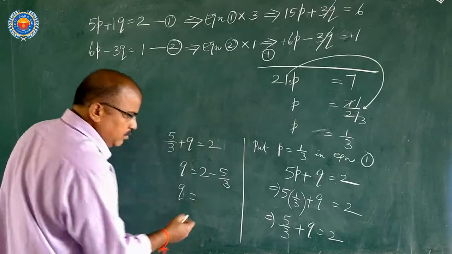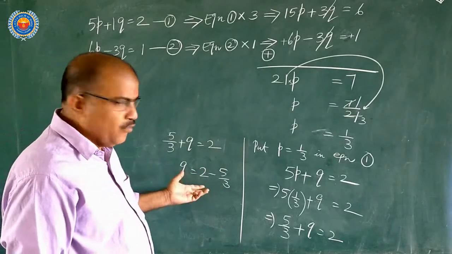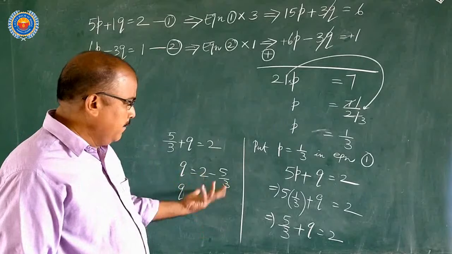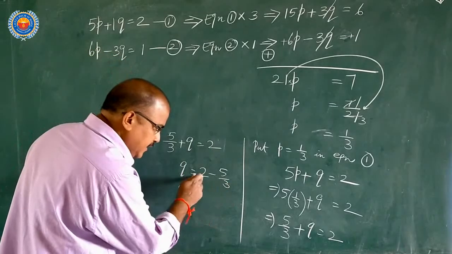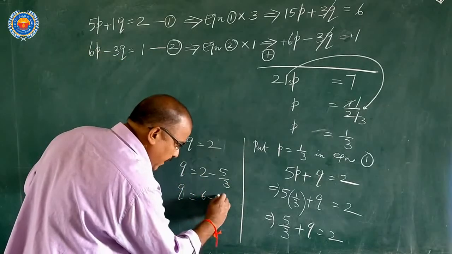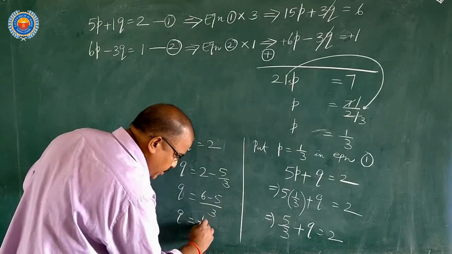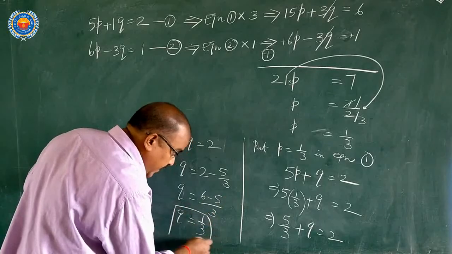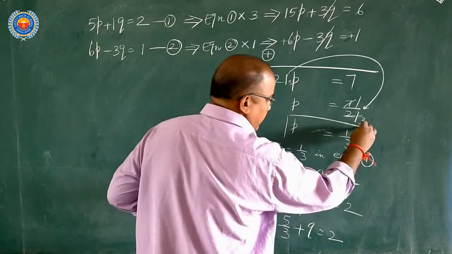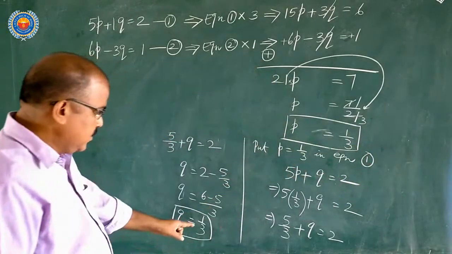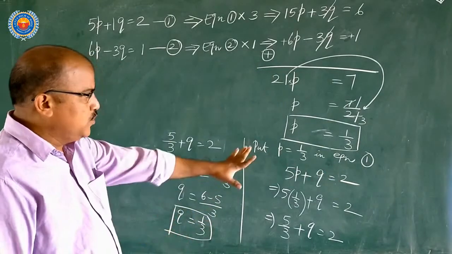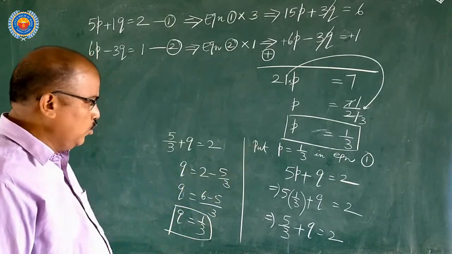No need to go for LCM, you can do it by using the shortcut method. 3 2s are 6, 6 minus 5 by 3, that is nothing but q is equal to 1 by 3. So p is equal to 1 by 3, q is equal to 1 by 3.